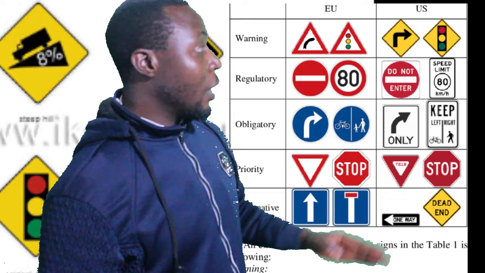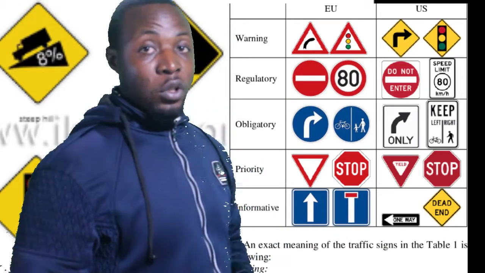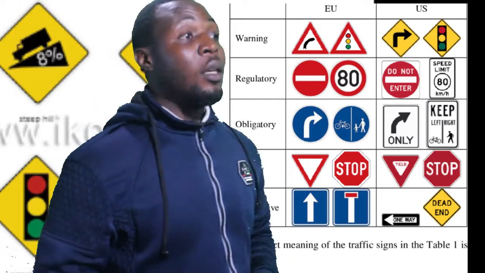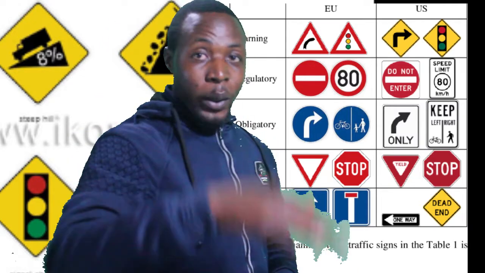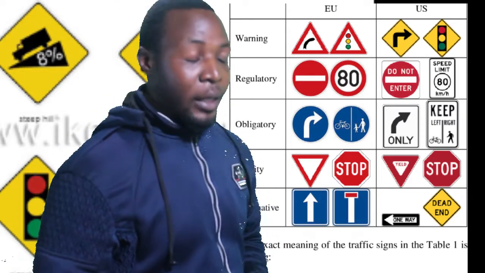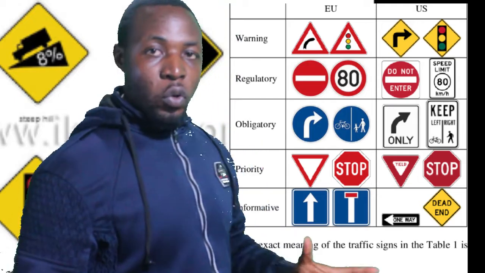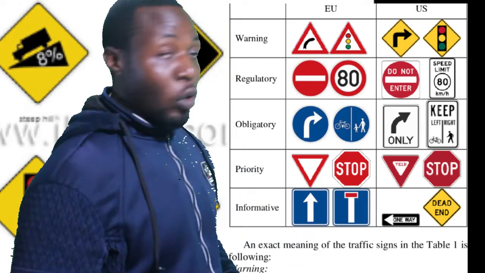The other sign that is put on the other side of the road does not concern you. Whenever you are driving, any sign that is on your side is for you, and the sign on the other side does not concern you. So you have to have knowledge of that.